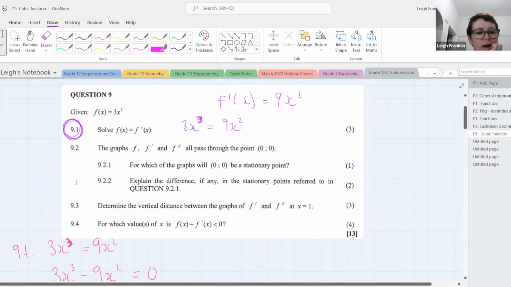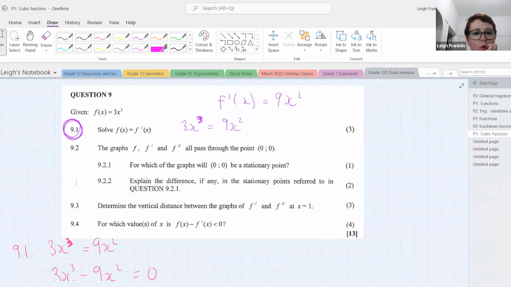Excellent. Okay, 9.2. The graphs of f, f prime, and f double prime all pass through the point 0, 0. In 9.2.1, for which of the graphs will 0, 0 be a stationary point?